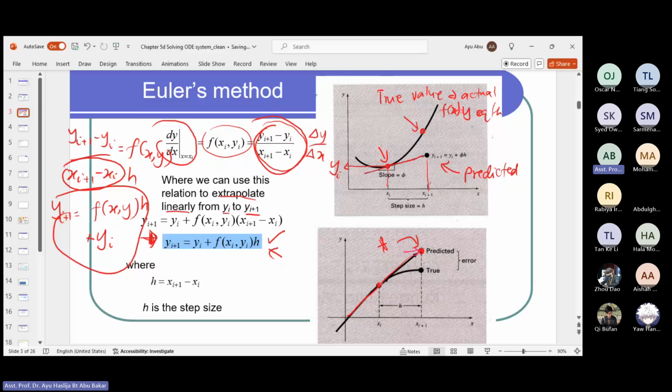Then you get your predicted point, the predicted value. And this is the true value from the actual equation. Now you see the difference? There is the error over here. This is what we call the error.